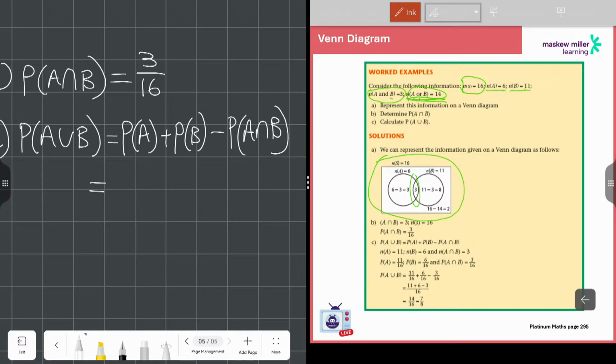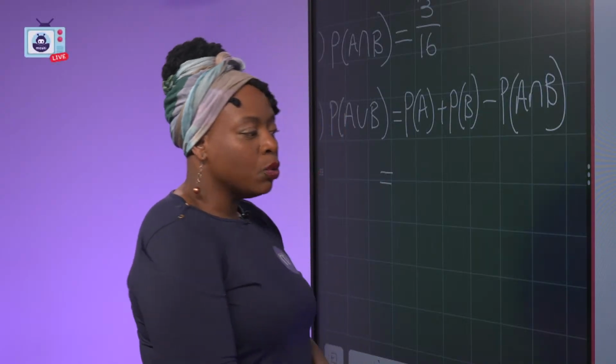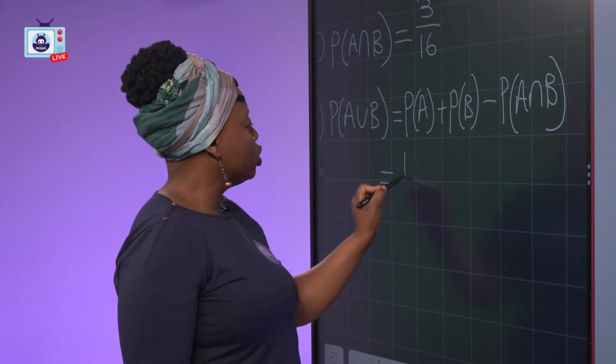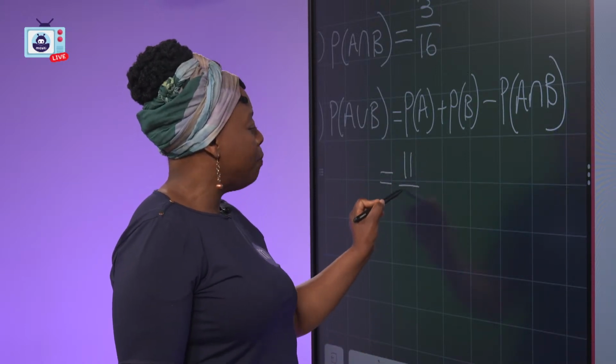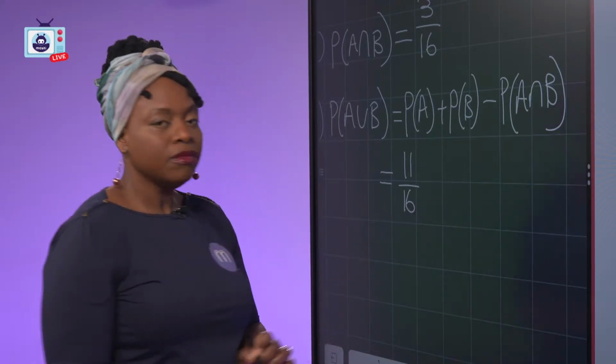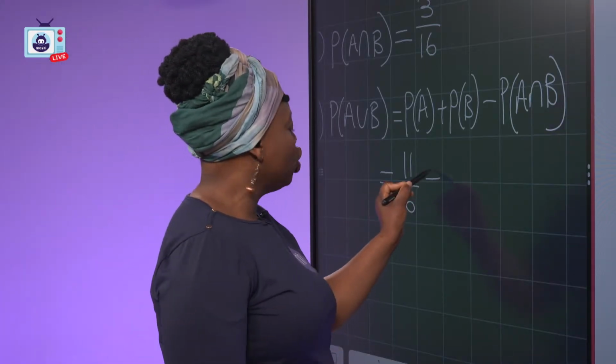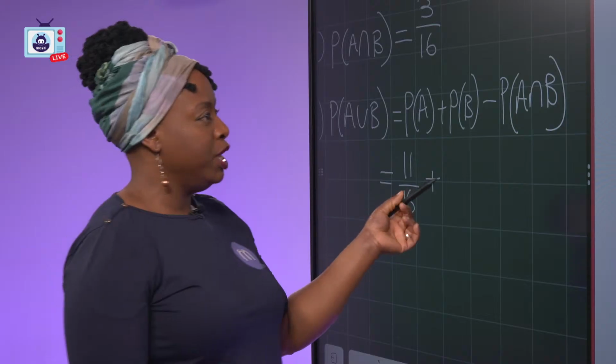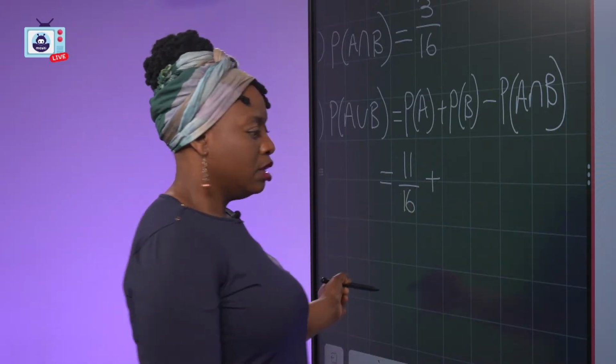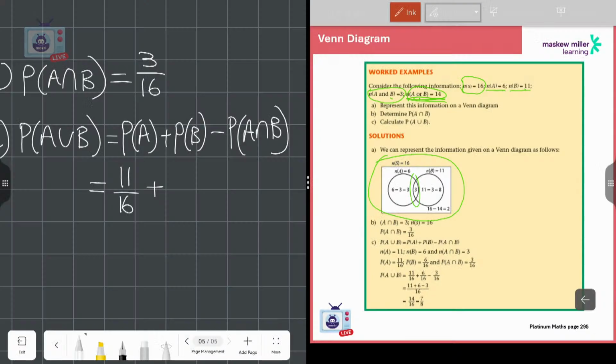What is the probability of A? The probability of A that we already have will be equal to 11 divided by 16. And what is the probability of B? I'm trying to figure out why I said the probability of A is 11.